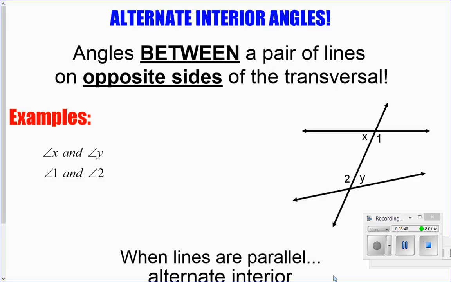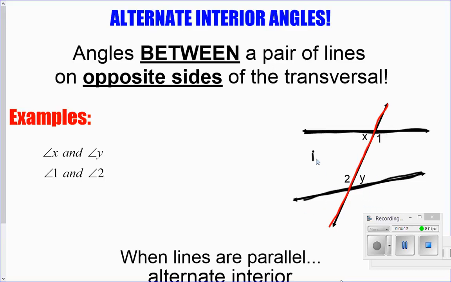So again, the definition sounds a little confusing, but let's make more sense of it. So here are my two lines. I have a line here, and I have this line here, and I have my transversal, so I'm going to mark that in a different color. Now, those two lines, we can talk about what's on the inside or in between those two lines that I marked with black.